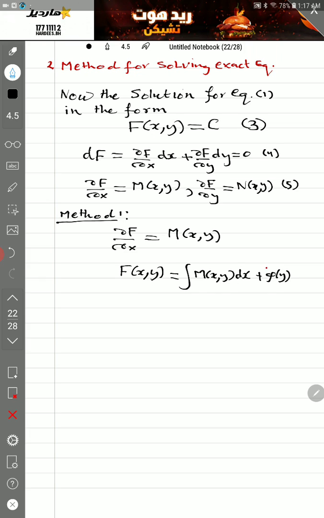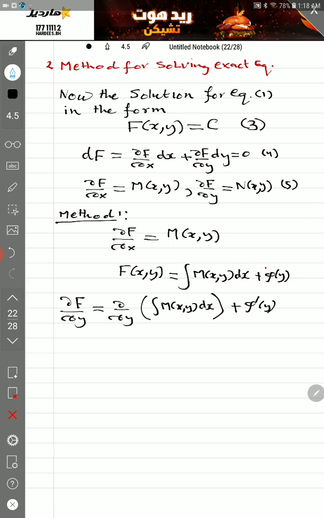Then to find phi of y to complete your solution, you need to differentiate this again with respect to y. So partial f by partial y equals d by dy of this integral, which I will leave in simple form dx, plus the derivative of phi with respect to y, which is a single variable, so phi prime of y.